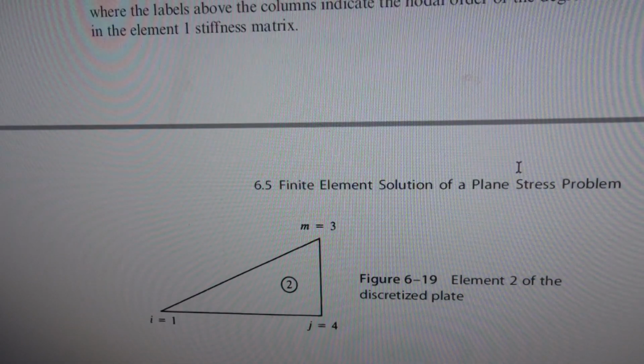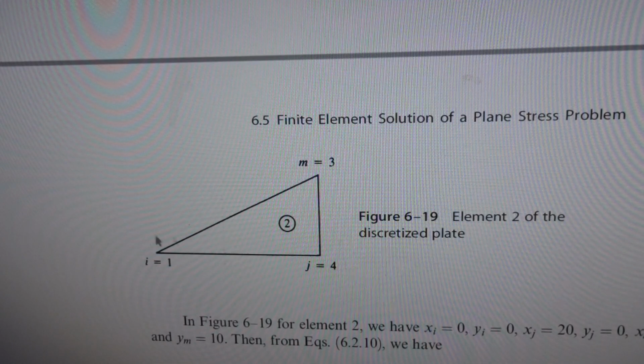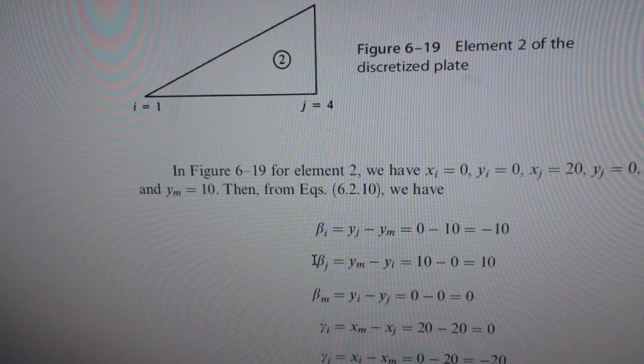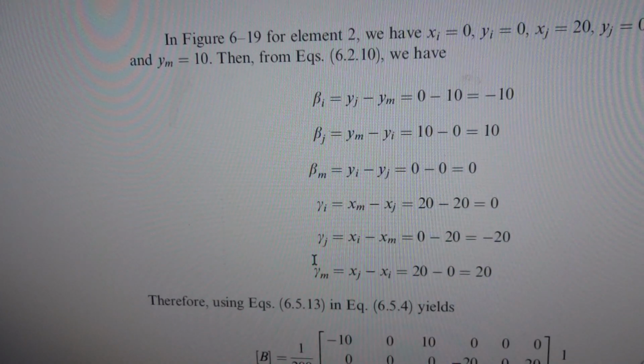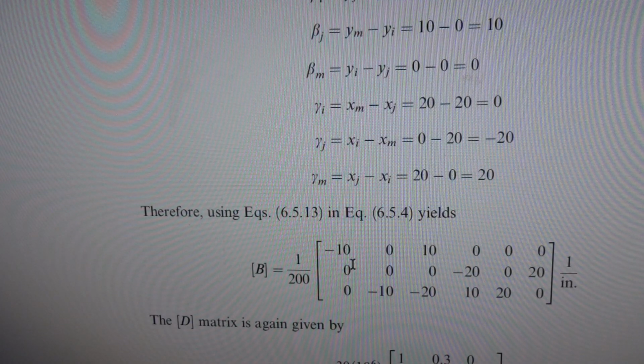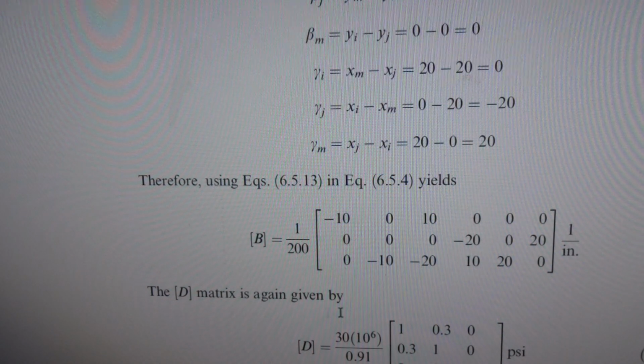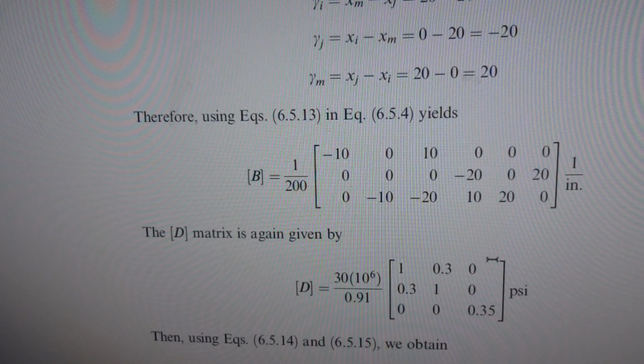Similarly for element 2, with nodes 1, 3 and 4, as i, m, j, you solve the problem and you will get the value of B and the D matrix. D is the same here.